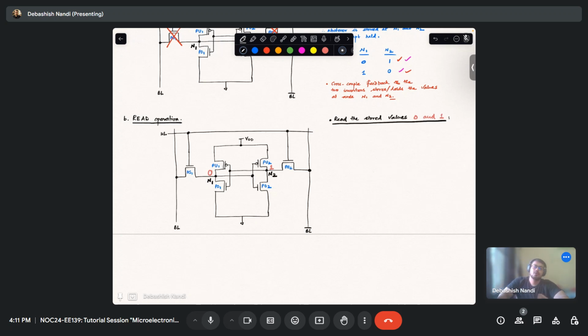Okay. So what is the first step? Pre-charge BL and BL bar to VDD or 1. Okay. That means let's say you charge it to 1. Both of them you charge it to 1.